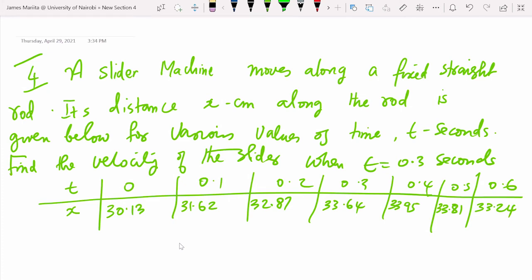You should know that the rate of change of displacement with respect to time gives the velocity.